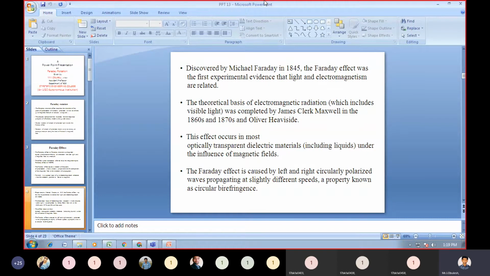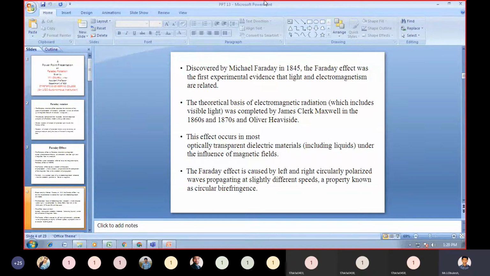The theoretical basis of electromagnetic radiation, which includes visible light, was completed by James Clerk Maxwell in the 1860s and 70s, and Oliver Heaviside.